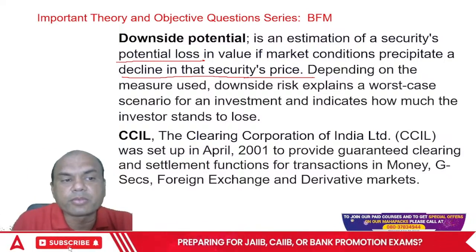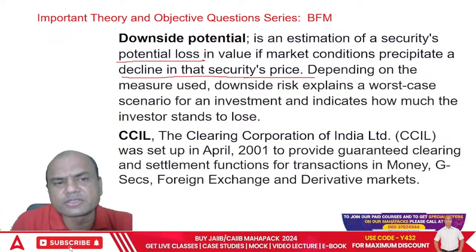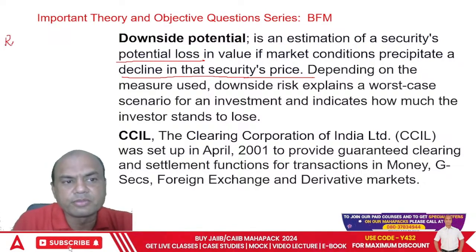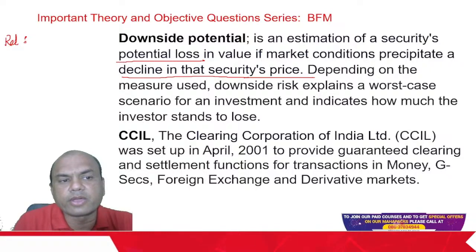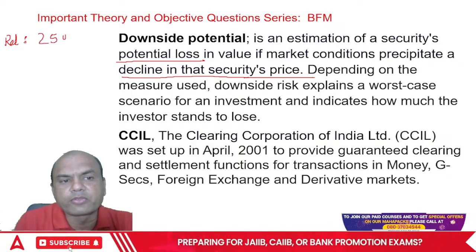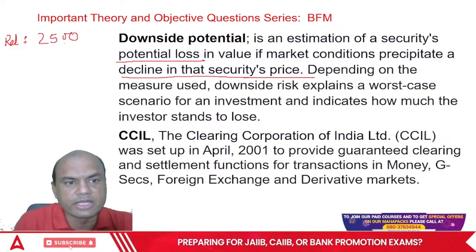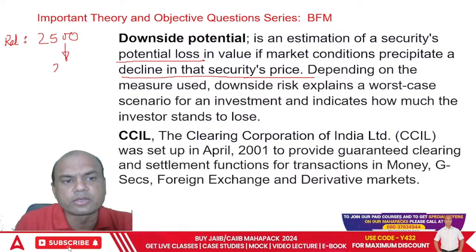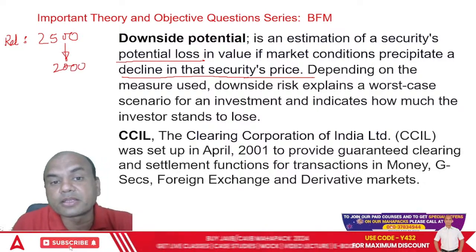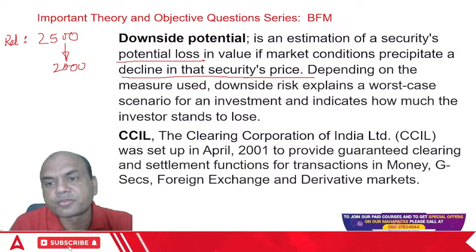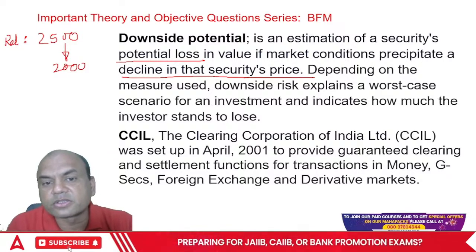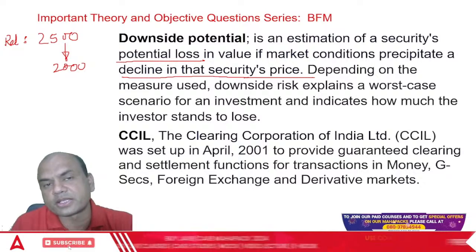Let me take Reliance share. If I bought it at 2500, and tomorrow the price of Reliance goes down to, let's say, 2000, this is the downside potential. Security's potential loss due to the decline in the security's price.